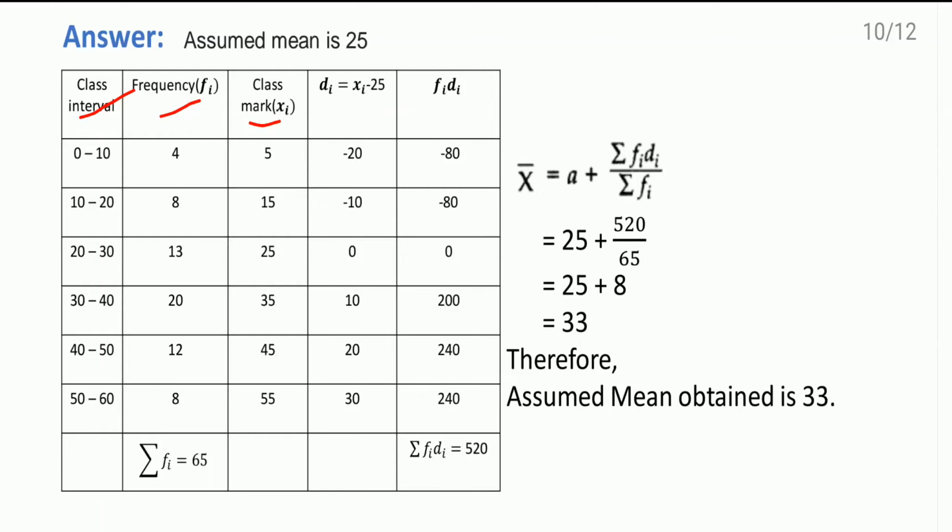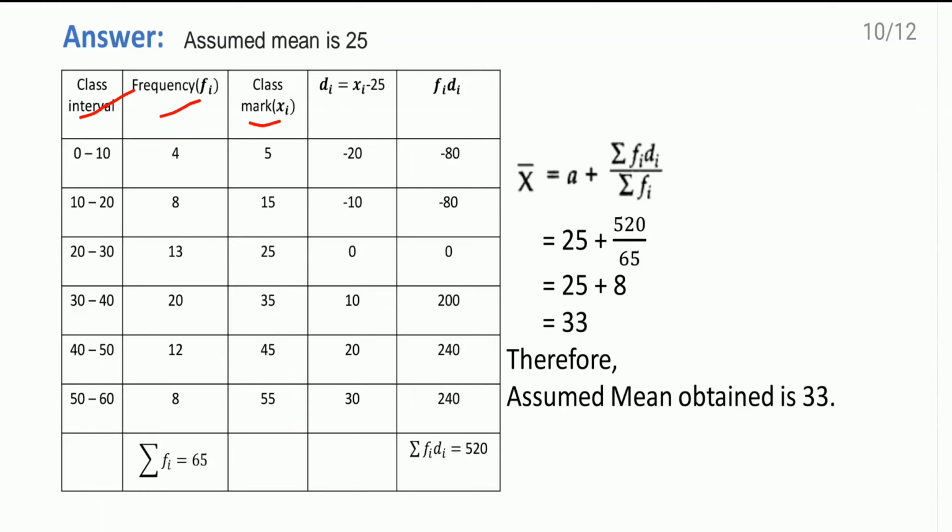So in this exercise, see here, any one value we can choose, but most of the time you choose the middle value, near to middle value. Okay, so here you can take 25 or you can take 35, any one value you can take. So I have taken here 25 as the assumed mean.